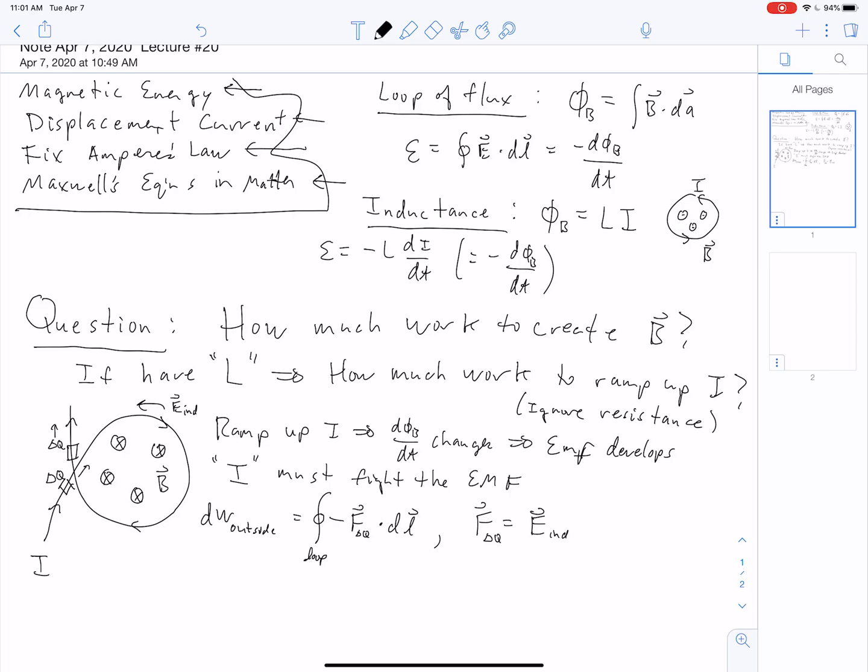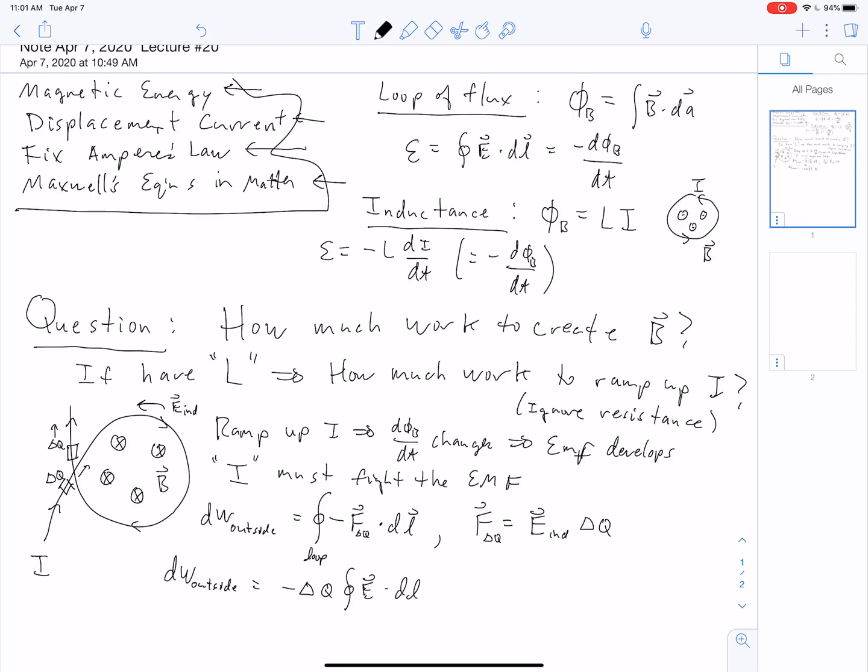And so we can see that the work done by the outside agent, that was the word I was looking for, agent, is going to be equal to, I got to put the Q here, force times electric field times, force is equal to electric field times Q. And so the work done by the outside agent is going to end up being negative dq times the integral over the loop E dot dl.